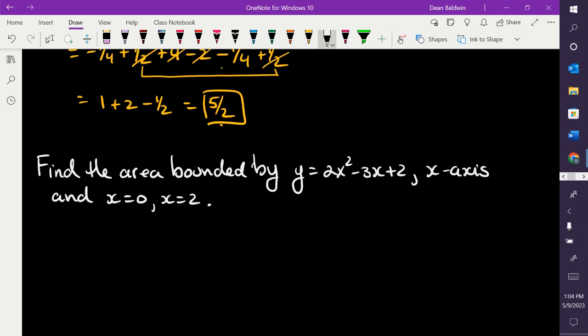Find the area bounded by the graph of y is equal to 2x squared minus 3x plus 2, the x-axis, and x equals 0, x equals 2. Wait till you copy that down. Let's do it. Okay.